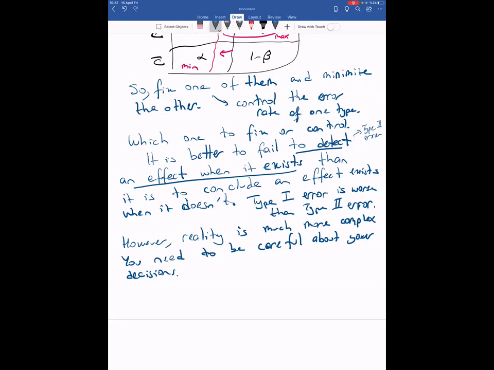This means that type 2 error is more important than type 1 error. Using hypothesis tests effectively requires that you understand their error rates. By setting the significance level and estimating your test power, you can manage both error rates so they meet your requirements. There is nothing wrong with fixing the alpha level, but you have to be careful about what type of error is more important in your case.